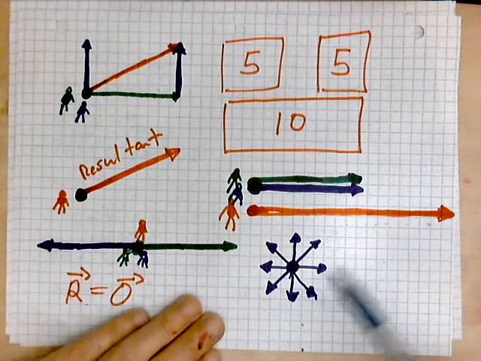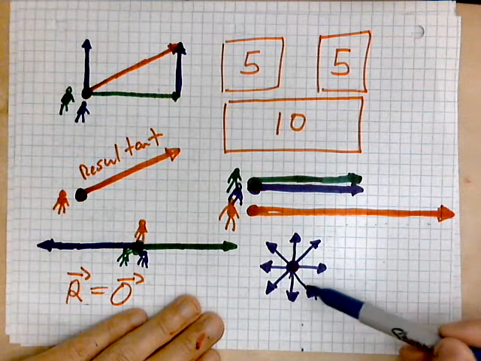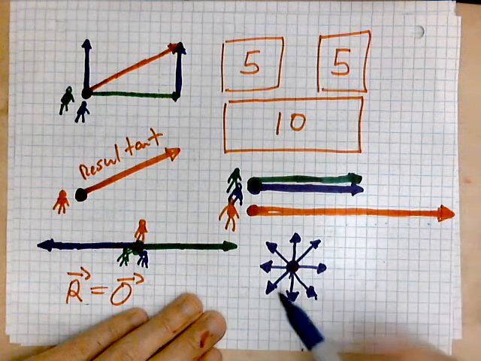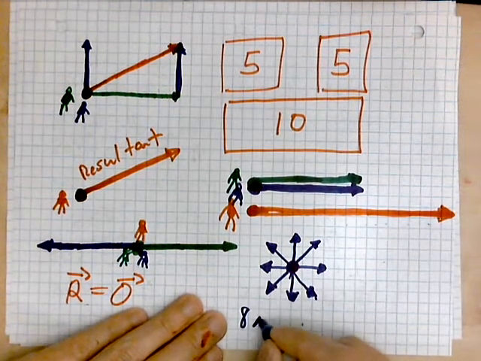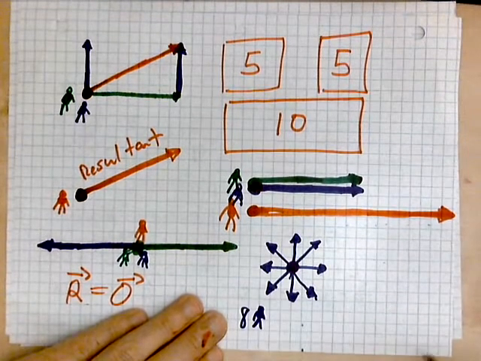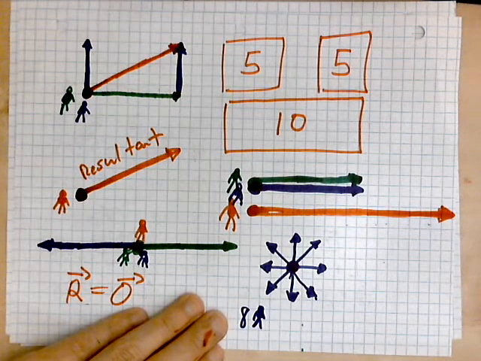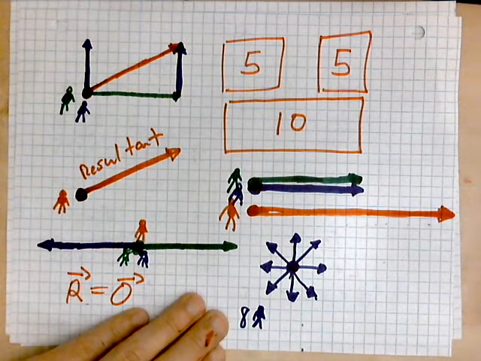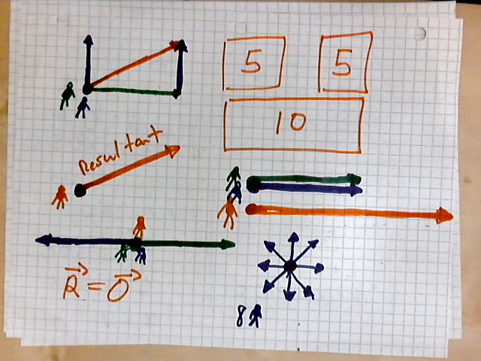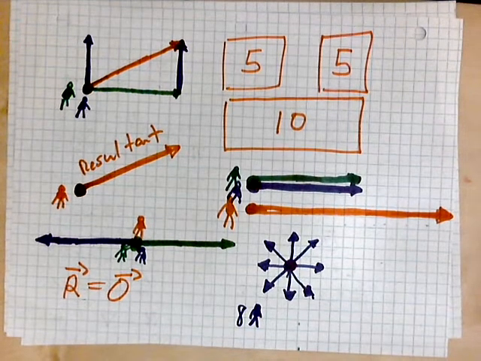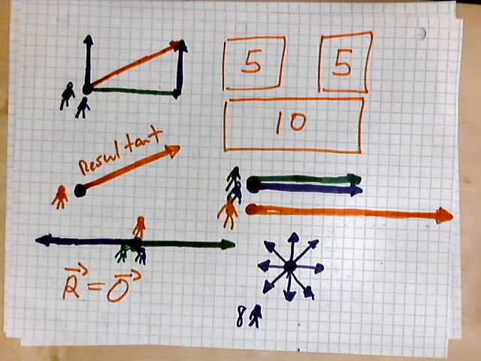So here you can also imagine you would have 1, 2, 3, 4, 5, 6, 7, 8, right? Here you'd have 8 little guys, each one applying his own individual force, and what we are saying is, I want one guy to apply the resultant, meaning the equivalent force, but only one person.